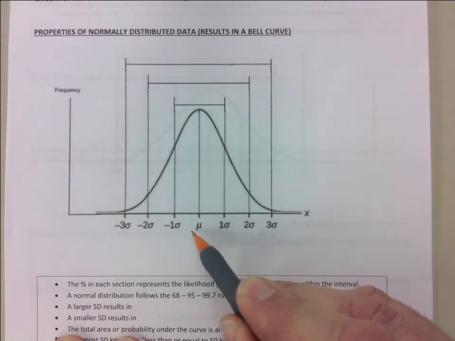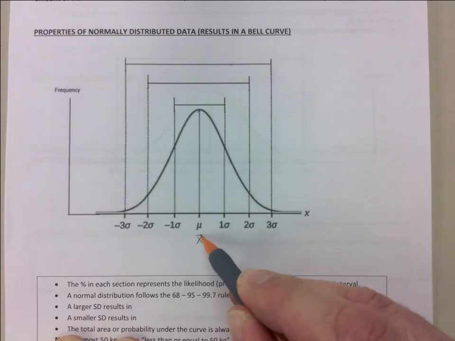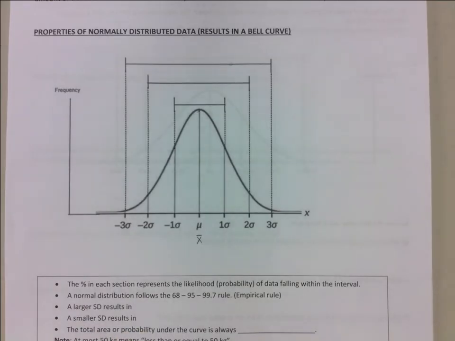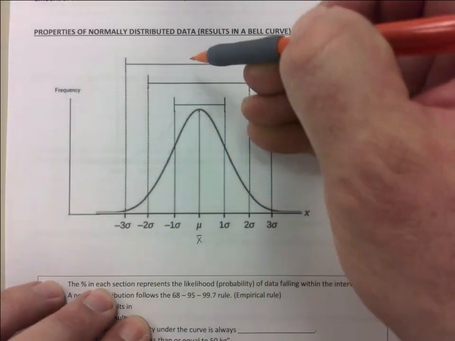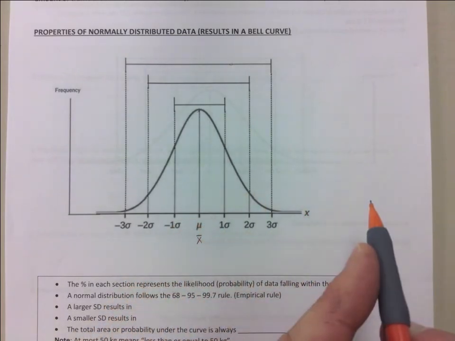This is the letter mu. It's almost like a cow, right? Mu. A cow with an accent, but it's the same thing as average, okay? So down the center, you have your mean. If you cut this in half, we've got 50% of data to the left, 50% of data to the right.